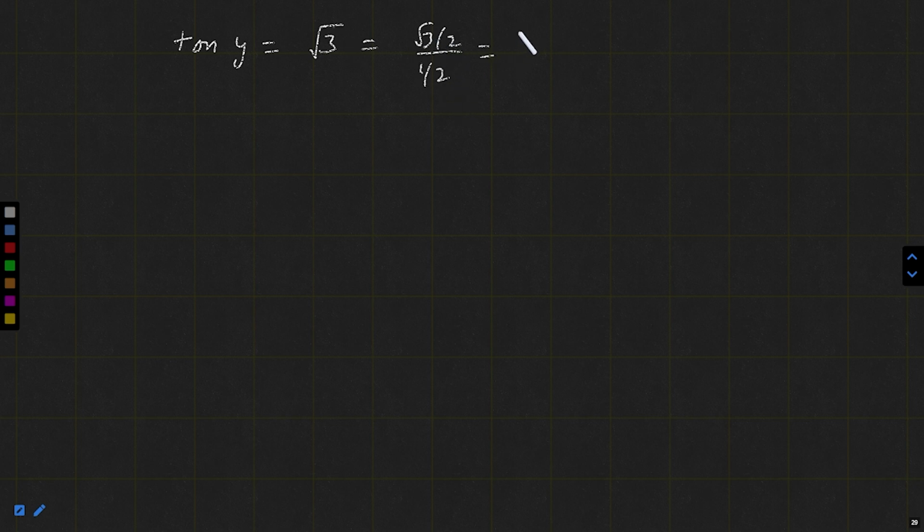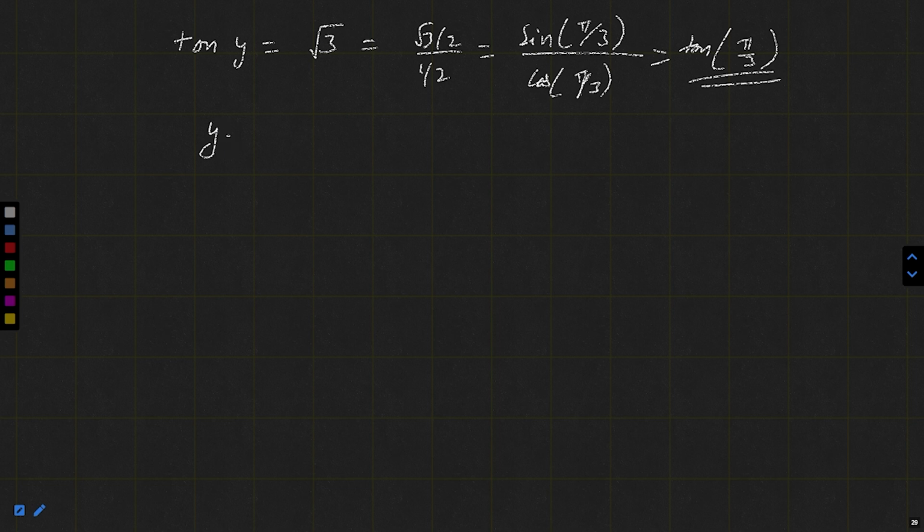And this is sine pi by 3, which means sine 60, and cos pi by 3, which means cos 60. From this, what you can say is tan pi by 3. This means y is equal to pi by 3.